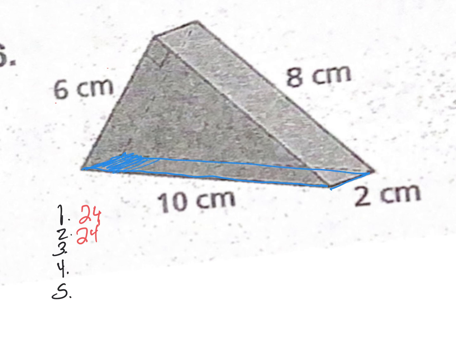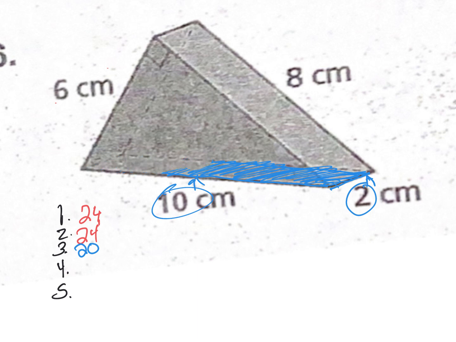And you can kind of see how this is the bottom of it. I need the area of the bottom parallelogram. And it's a 2. The 2 goes there by 10. So 2 by 10 is 20. So that one is 20. And there's no opposite one of that one, so it's just 1.